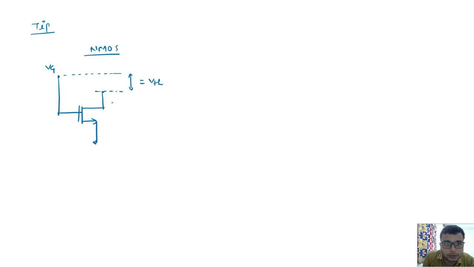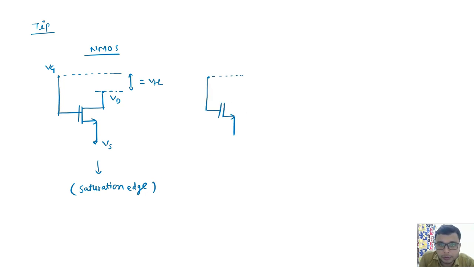What is this concept? For NMOS, this is VG, this is VD, this is VS. When your VG is just 1 VT up of VD in case of NMOS, then it is the saturation edge, or I can say the edge of linear as well. When this potential is greater than VTH, then you can say your transistor is forced into linear.